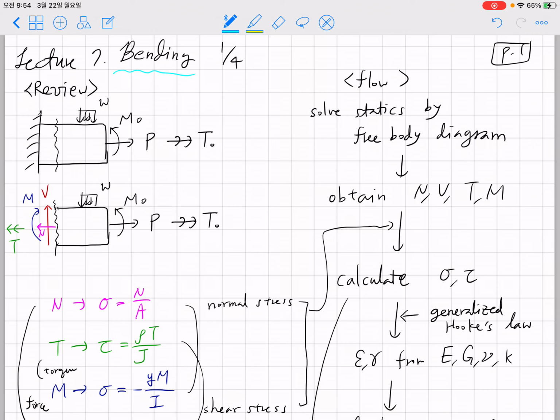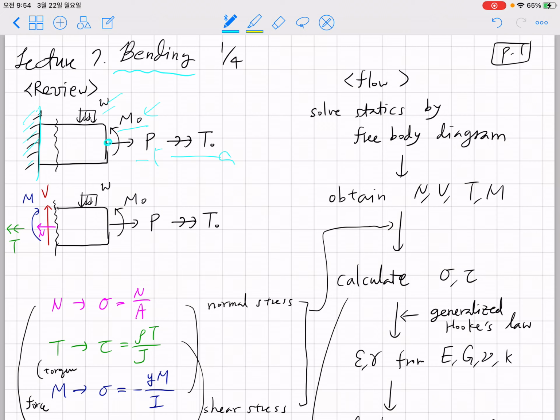To do so, suppose that we have a structure adhered to a rigid wall, and there can be axial loading, torsional loading, bending, pushing from the top, and so on. There can be many different loadings: vertical loading, horizontal loading, torsion, and bending. This is torque about this axis.